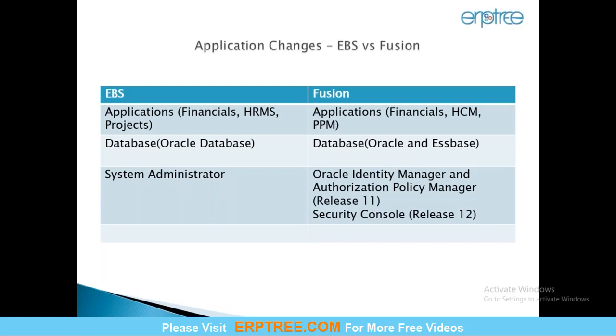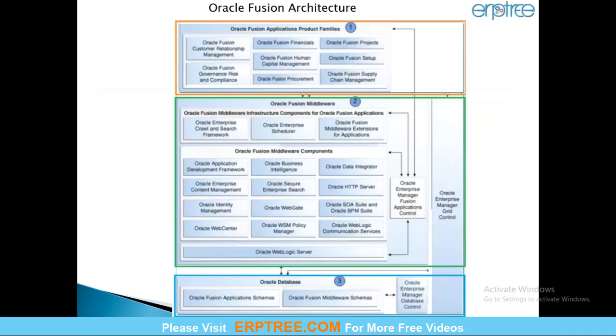We now do all of that in the security console, like user creation, role creation, associating privileges to the roles, and anything related to that. We do it on a consolidated security console, which authorizes access to any of the applications. That is how it comes into the picture.